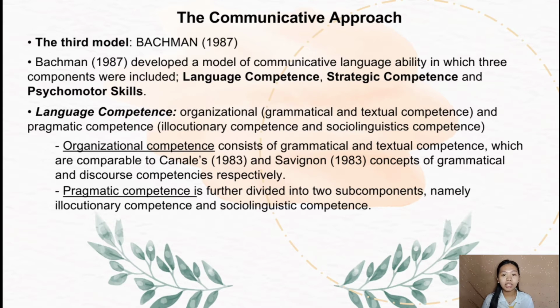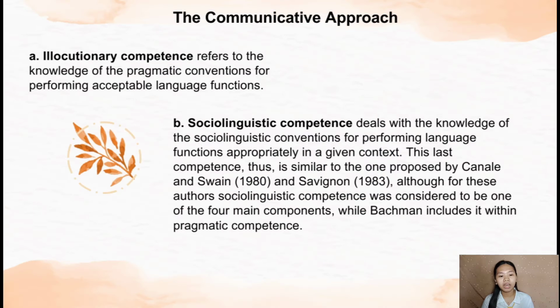So it just has a different name, and it's a combination of them. Under the pragmatic, we have the illocutionary competence, which refers to the knowledge of the pragmatic conventions for performing acceptable language functions, whether it needs to impose something and the like.